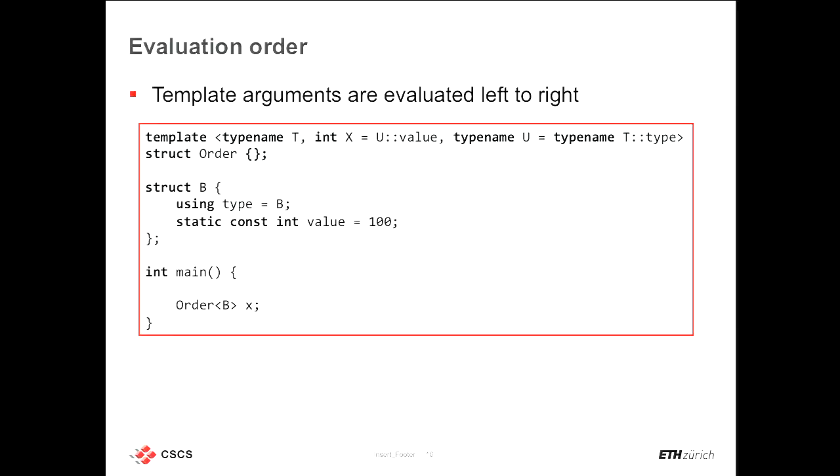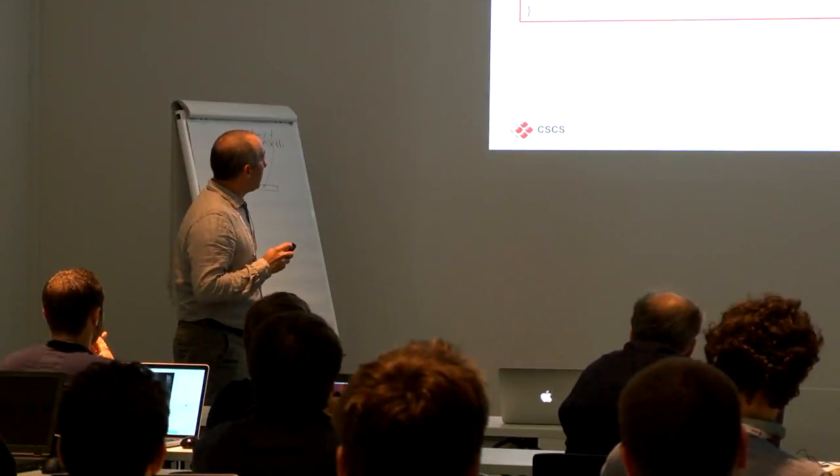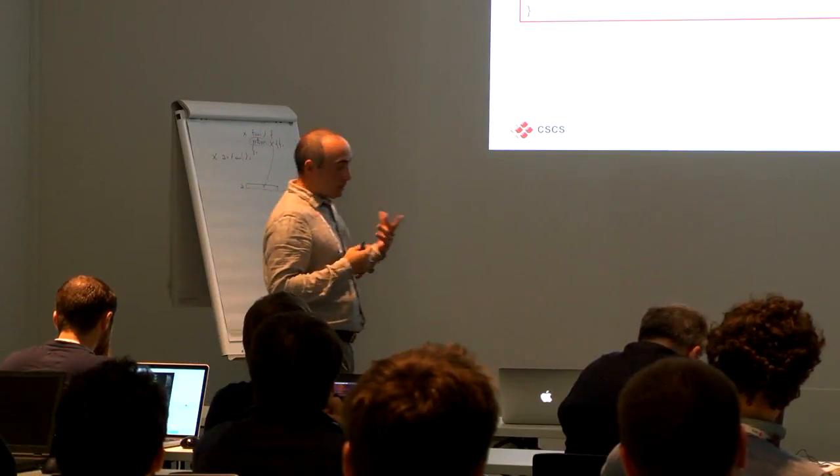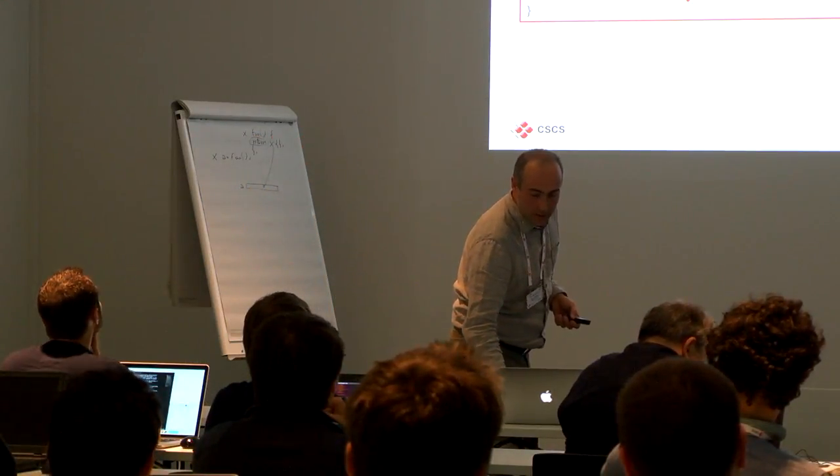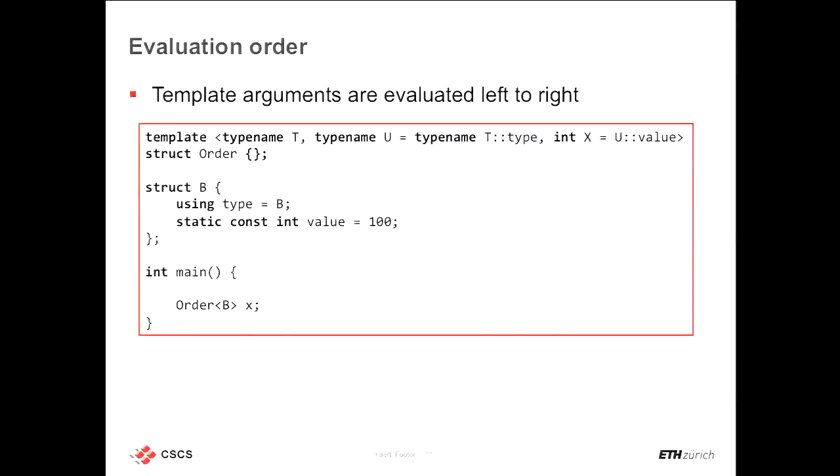And maybe I shouldn't show you right now since I haven't shown you other stuff earlier. But basically, this is how things are deduced. Let's see the working example. Let's say we want to instantiate Order of B. And B has a typedef inside, which is B, and a static const int value, which is 100.